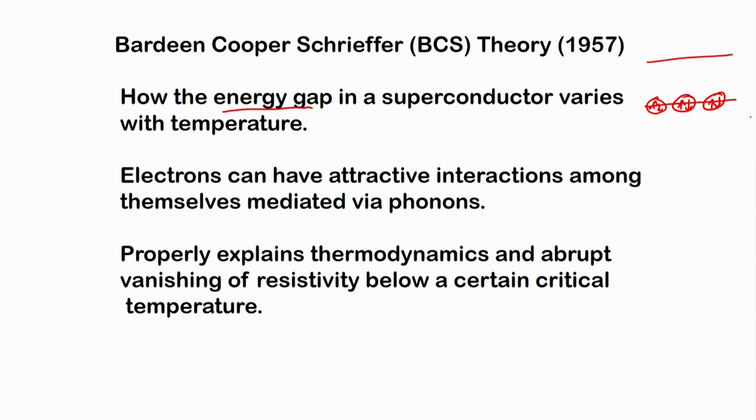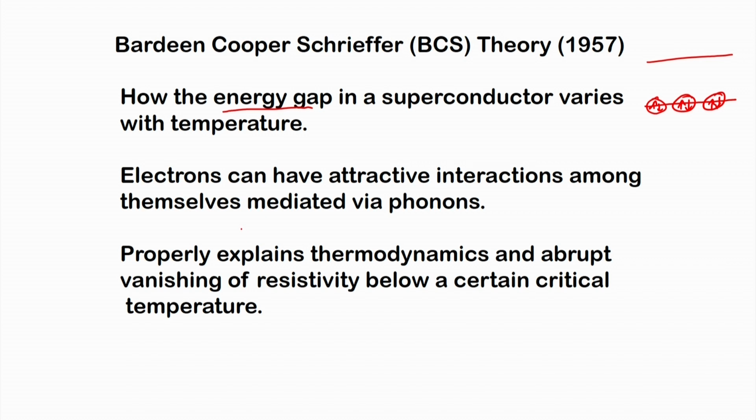So, there are soups of pairs, and in order to break a pair, we can populate the first available excited energy level by breaking the pair, and that breaking can be done, as we have said, either by applying temperature or by the magnetic field.